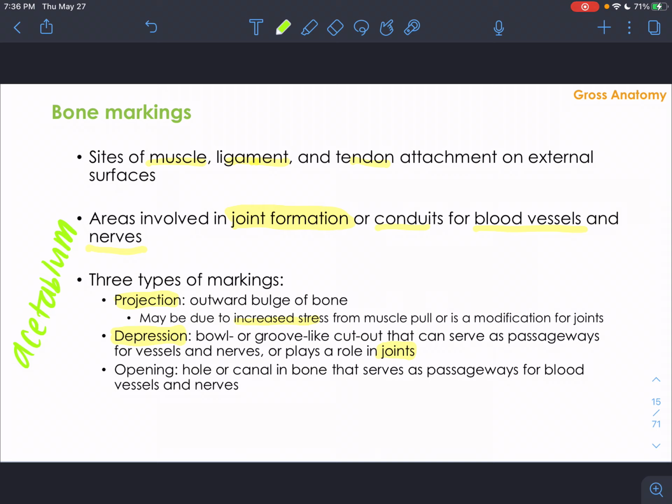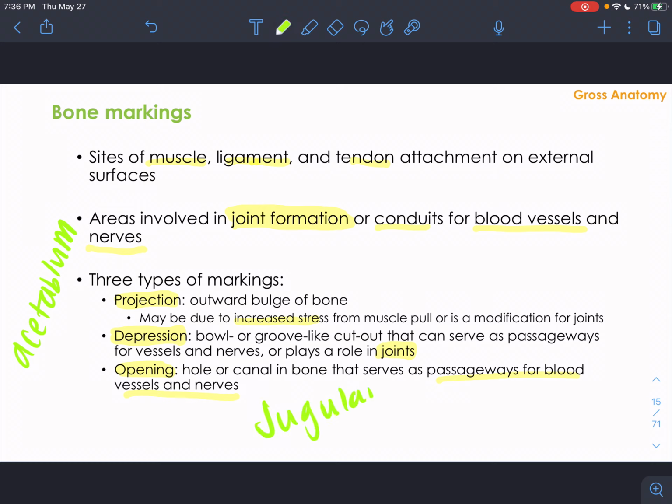connects. Okay, and then we can also have openings in the bones, which are holes or canals that serve as passageways for blood vessels and nerves. Okay, so those need to get through the bone. So one that comes to mind is we have what we call the jugular foramen.